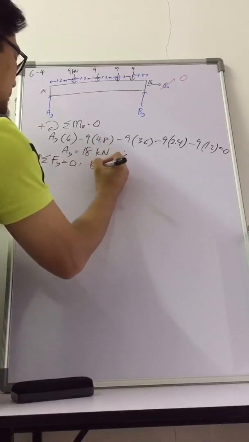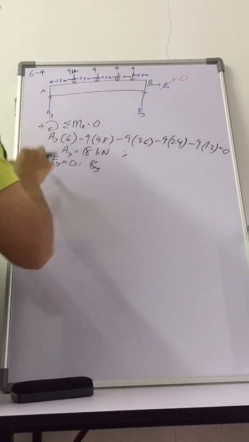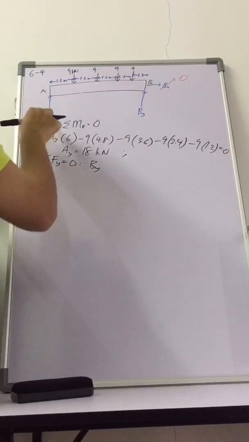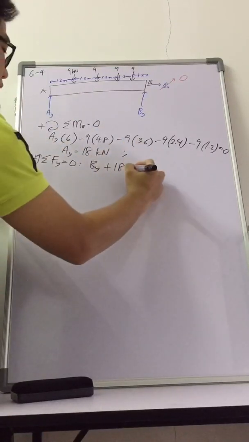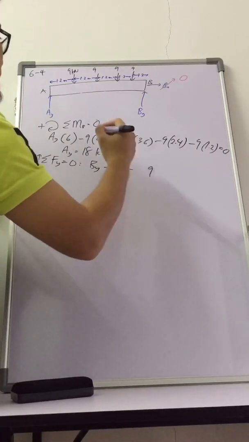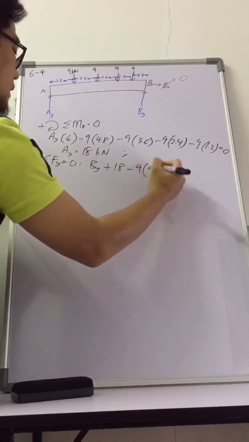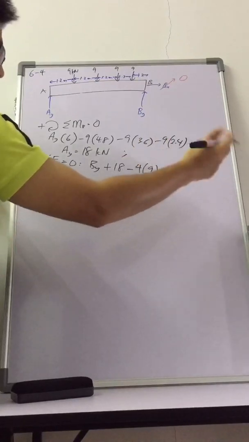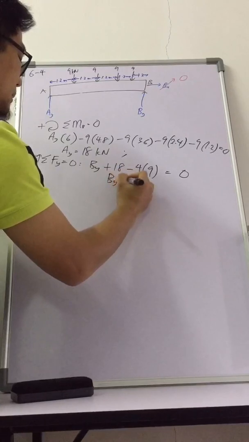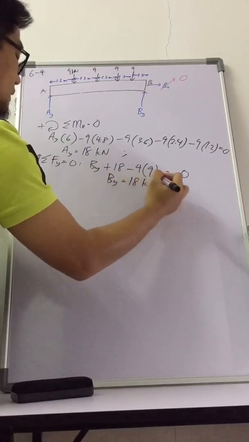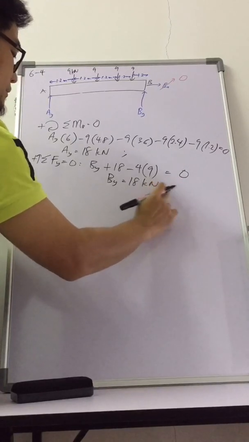You have unknown By, positive going up, assuming going up as positive, and you have Ay, 18, and then minus 9 times 4. You can write minus 9, minus 9, minus 9, it doesn't matter. If you do that, then By will be the same as Ay, which is 18 kilonewton. This is my answer, right?